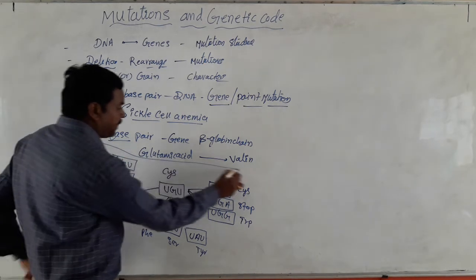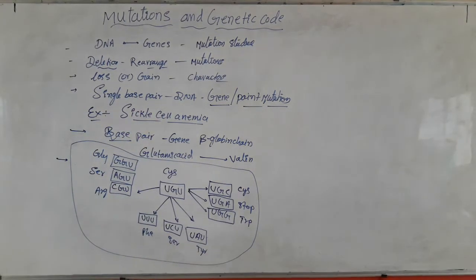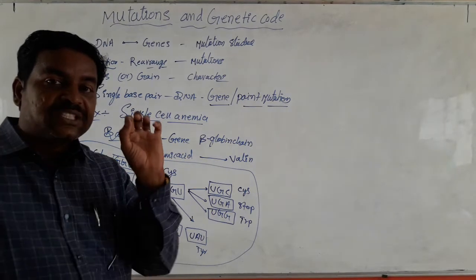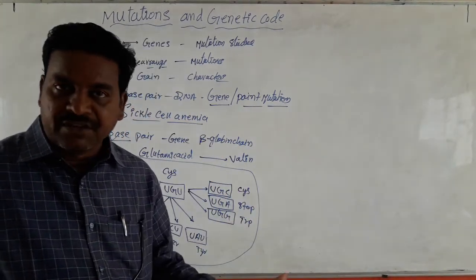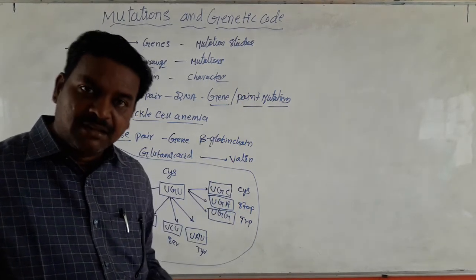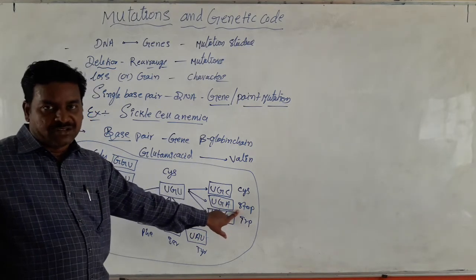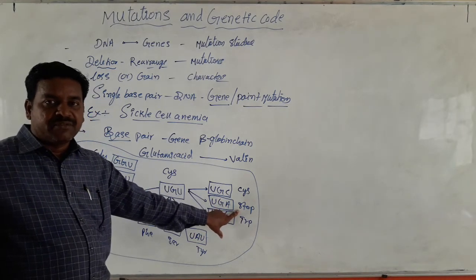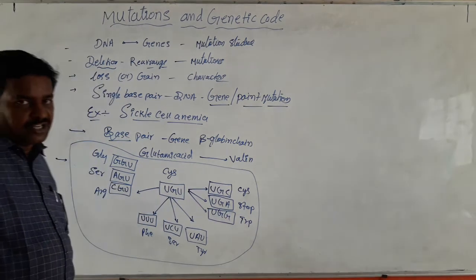In this way, this is the explanation of how the codons are changed due to a small change at the level of a single base pair, leading to the formation of different codons. Now these different codons may recognize the same amino acid or different amino acids. Sometimes they may be converted into stop codons, which are capable of terminating the polypeptide chain.